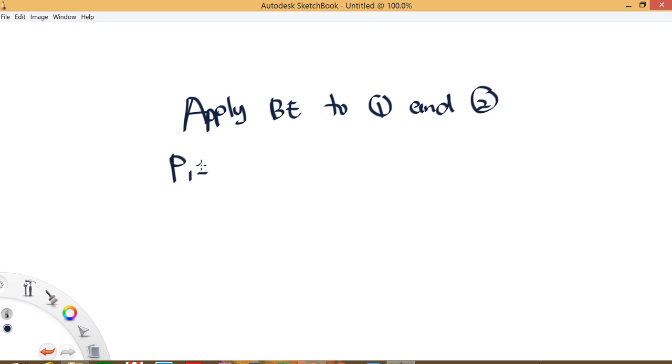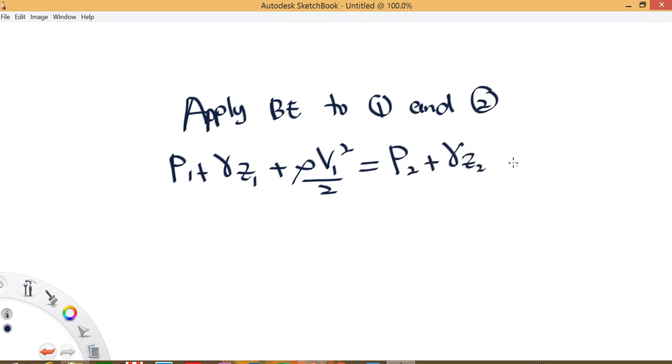So P1 plus gamma Z1 plus rho V1 square over 2 equals P2 plus gamma Z2 plus rho V2 square over 2.